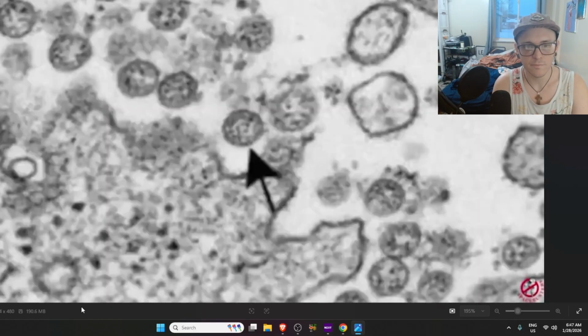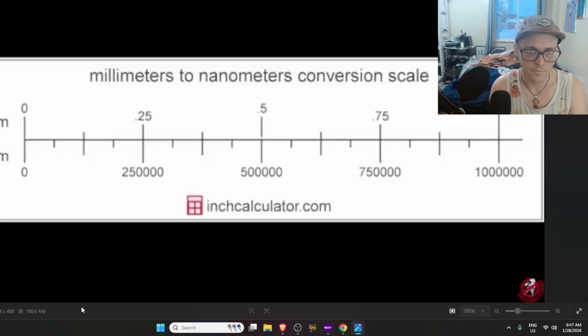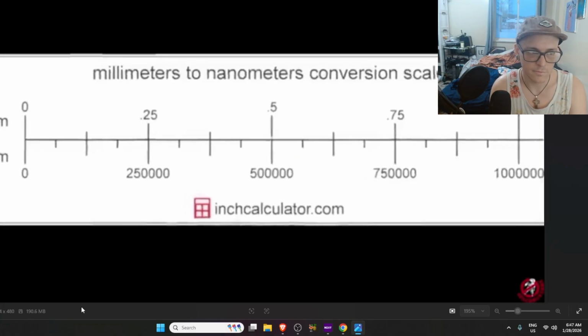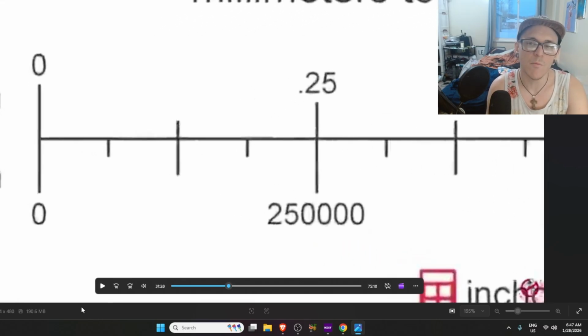To get an idea of just how small this chemically manufactured particle is, the smallest measurement on a ruler is 1 millimeter, and these particles are between 50 to 150 nanometers. And I love bringing this up.